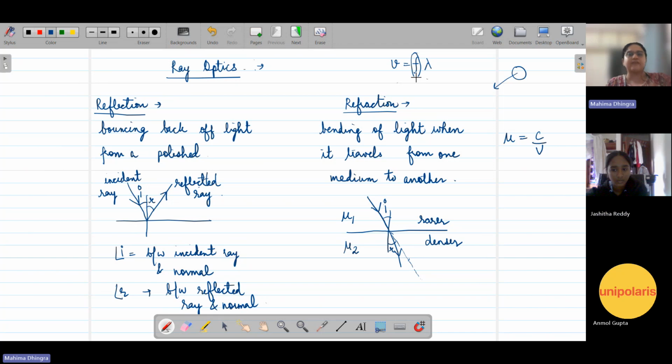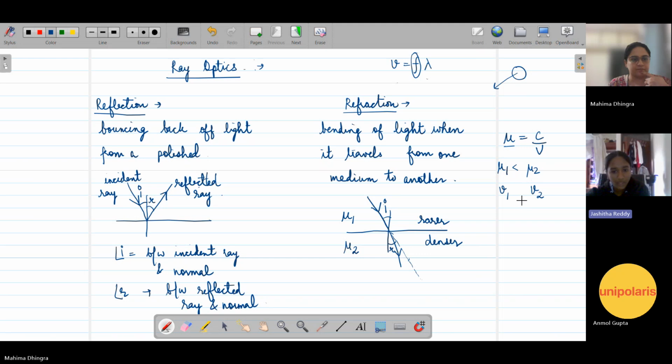Now, the thing is, why is it going towards the normal when it is going from rarer to denser? See, when the medium is rarer, let's say this mu1 is of rarer, and mu2 is of denser. Which one will be greater, mu1 or mu2? Mu2. Okay, mu2 is greater. So, in which case will speed be more, in medium 1 or in medium 2?